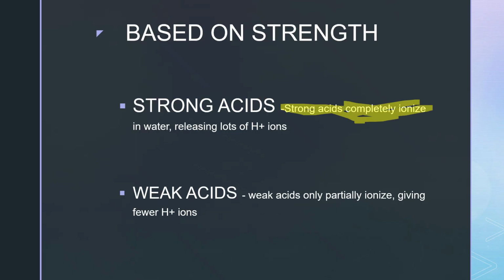If they have 10 H plus ions, they give all their 10 H plus ions into water. These are known as strong acids, whereas weak acids, if they have 10 H plus ions, will give only 2-3 H plus in water. This is said to be weak acids.